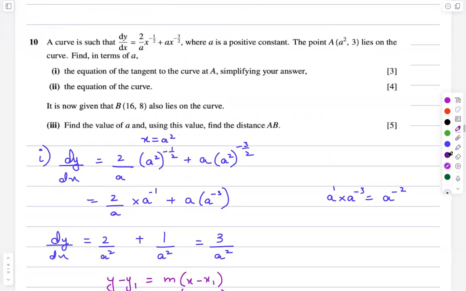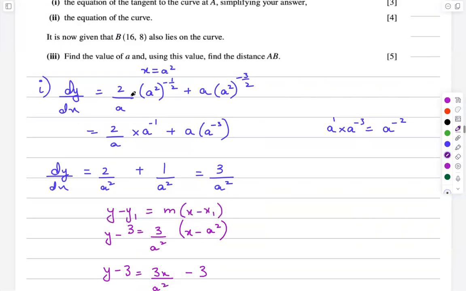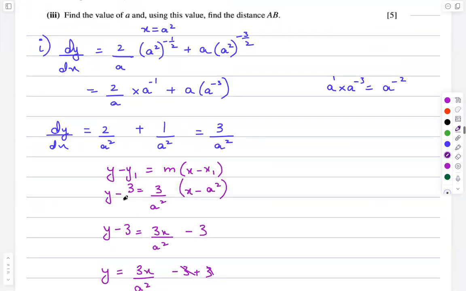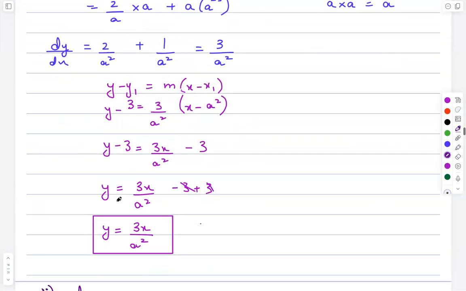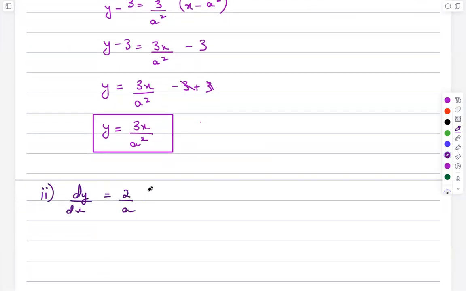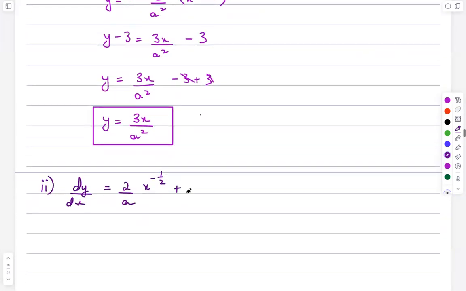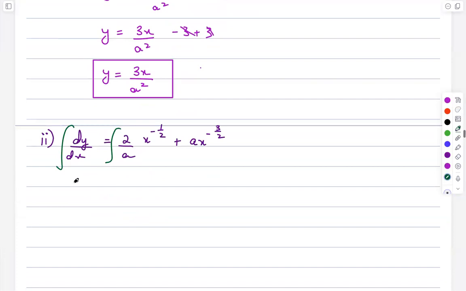In part 2, we have to find the equation of the curve, and that will also be in terms of a. To find the equation of the curve, we'll have to integrate the expression for dy/dx. The dy/dx was given as 2/a x^(-1/2) + ax^(-3/2). So y equals, increasing the power minus half by 1, that will become plus half, and we'll divide by the new power.